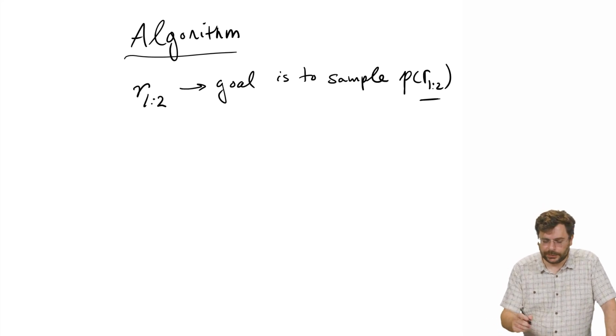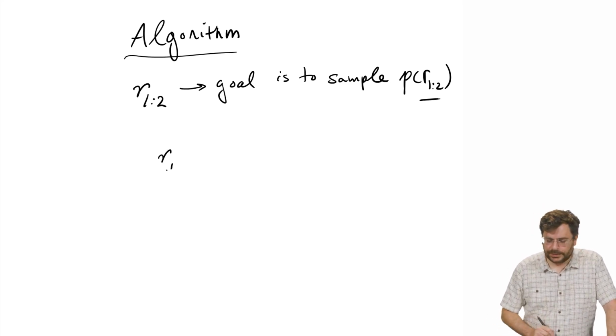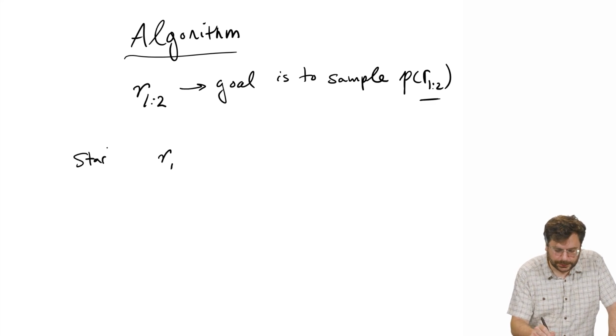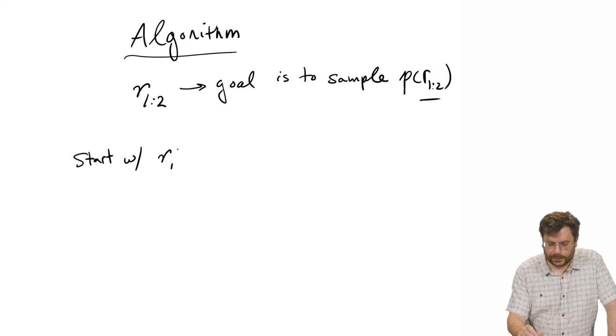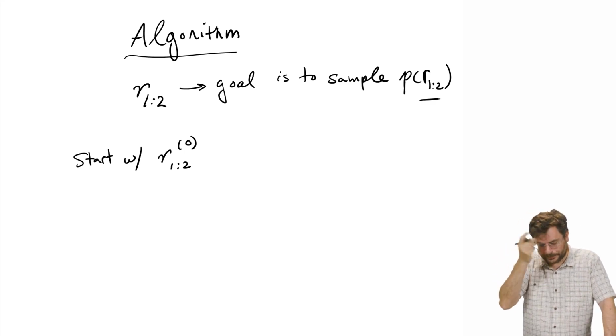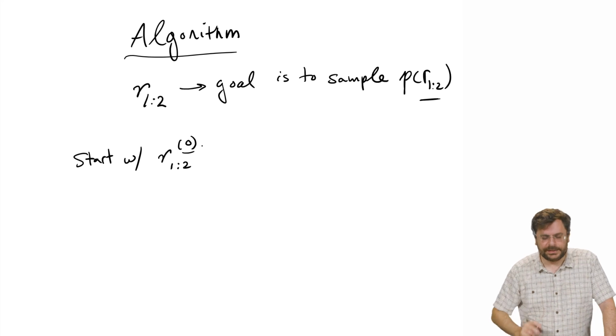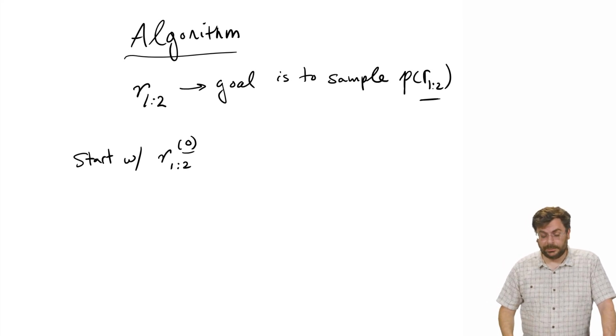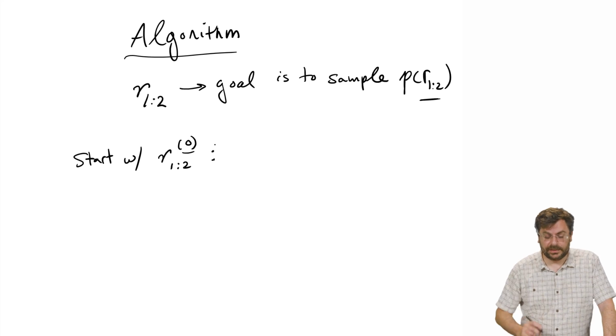So what we're going to do is start with some R1 and R2 at the 0th iteration. Now, Gibbs sampling is a type of Markov chain Monte Carlo, so we have to start somewhere and then subsequently iterate.